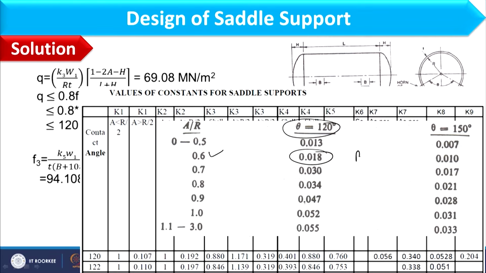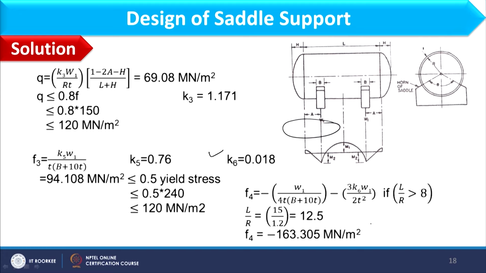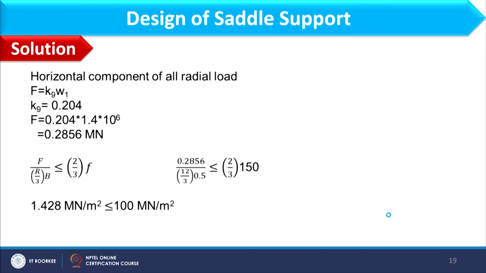This is the table from the book. So considering this, you can calculate F4, which is coming as minus 163.305. Now we have the horizontal component of all radial forces, because till now we have computed stresses due to internal pressure as well as due to saddle in shell.